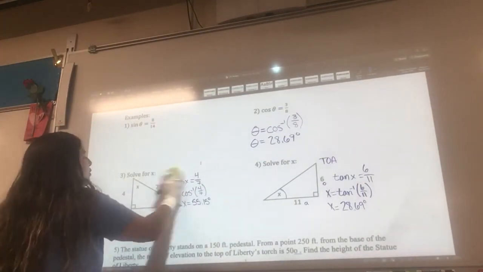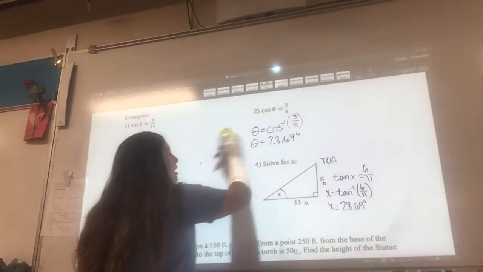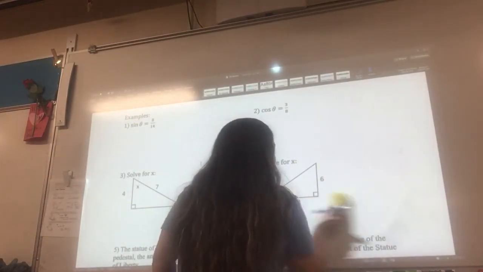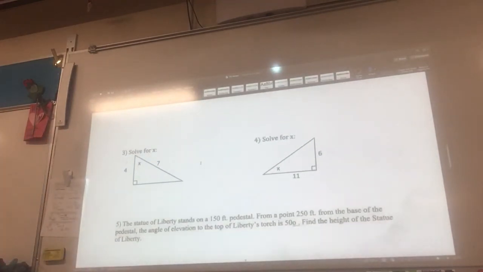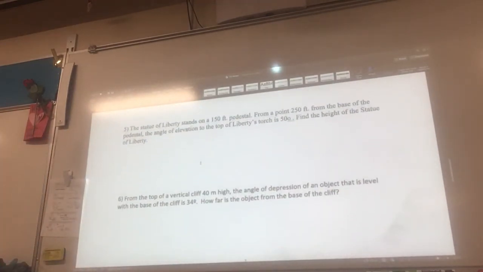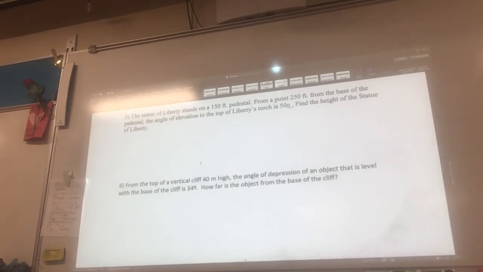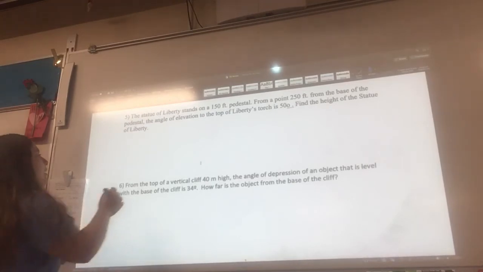Now getting into your favorite, I know, word problems, but that's okay. We use these word problems to help us understand real world scenarios. So our first one is the Statue of Liberty is standing on a 150-foot pedestal. Awesome. So we have a little pedestal.